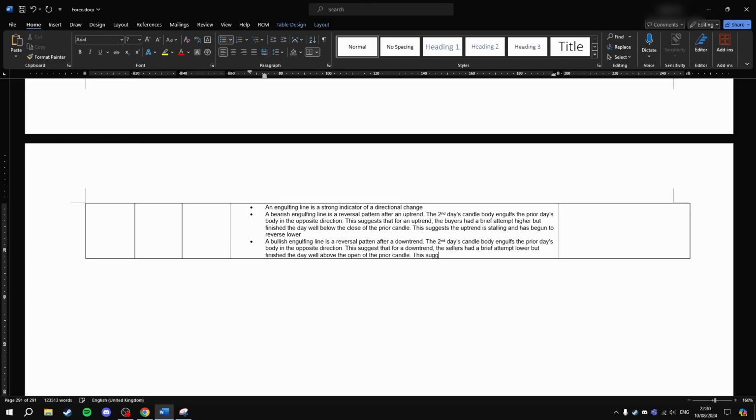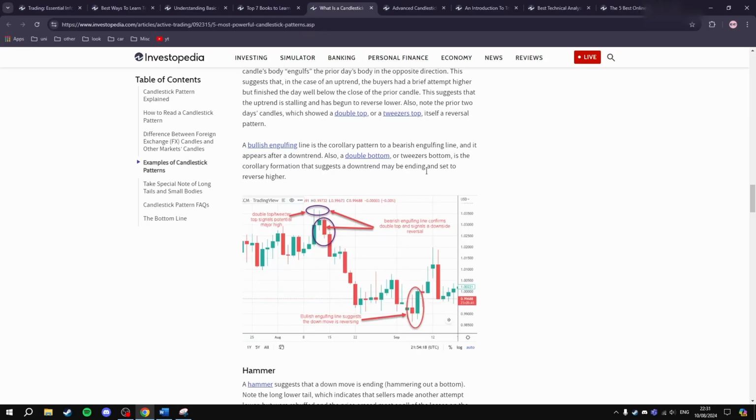This suggests the downtrend is stalling and has begun to reverse higher.